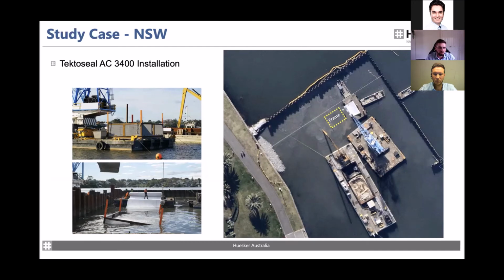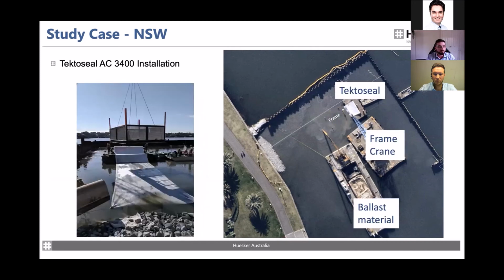This is just one of the solutions for installation, but we had to use a sinking frame to place the material on the bottom of the water, and then place the covering material, a thick layer of sand and then rocks on top to avoid any kind of damage to the geocomposite that will be actively capping this contaminated soil.